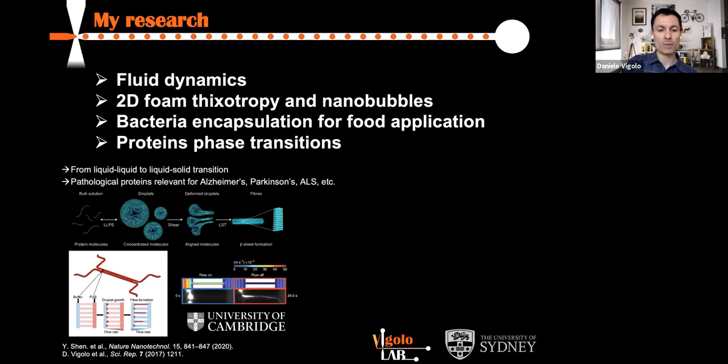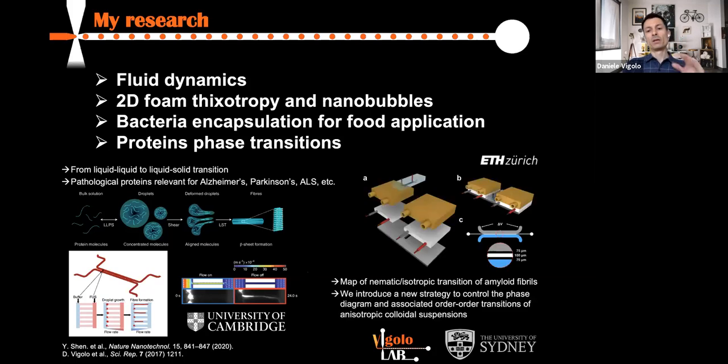So as I mentioned, through microfluidics, we were able to help them understand how the shear is applied, how to model this, and to better understand this phase transition. Similarly, I was also involved in the study of a nematic isotropic phase transition of these amyloid fibrils, which are anisotropic particles.